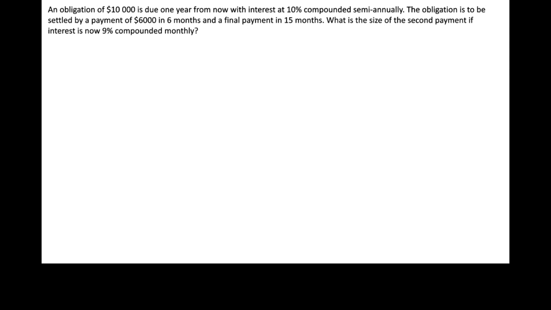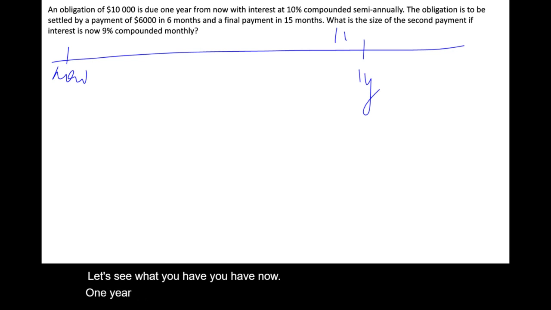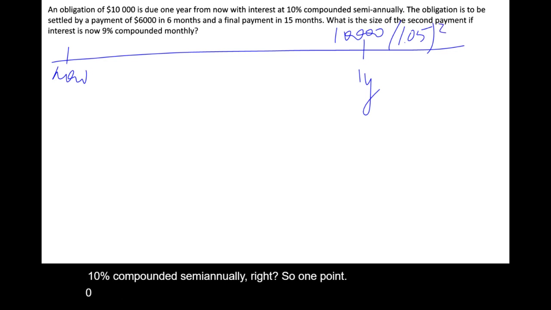Okay, guys, let's see what we have. We have now 1 year. That's 10,000. 10% compounded semi-annually, right? So 1.05 exponent 2 times.